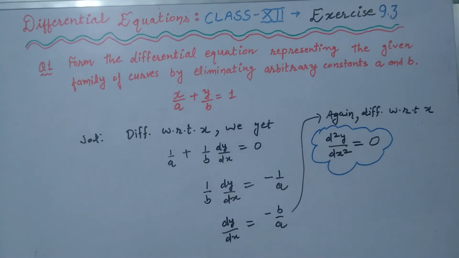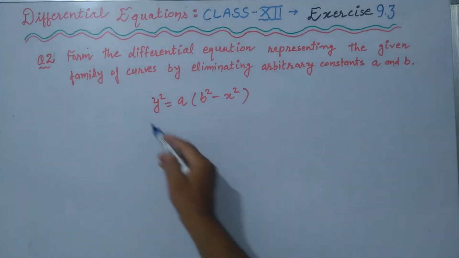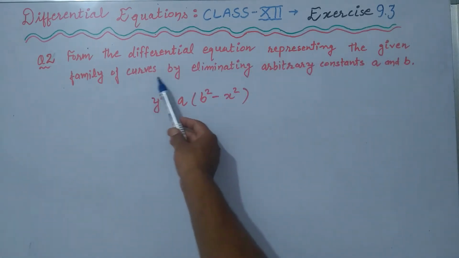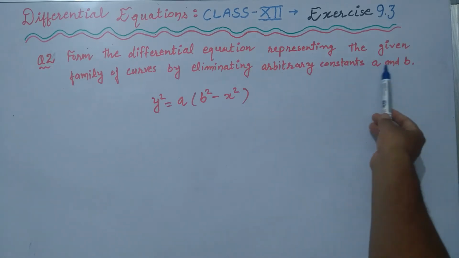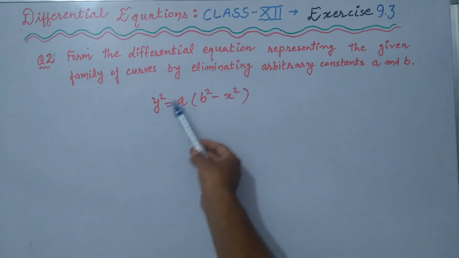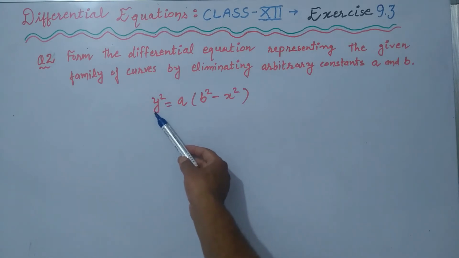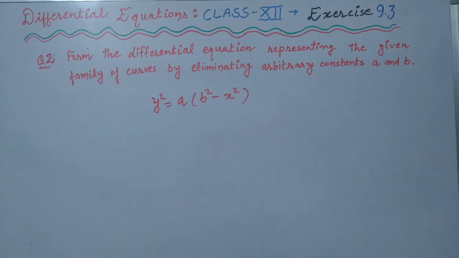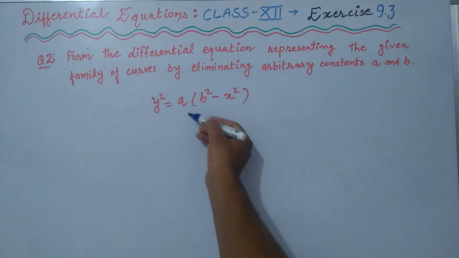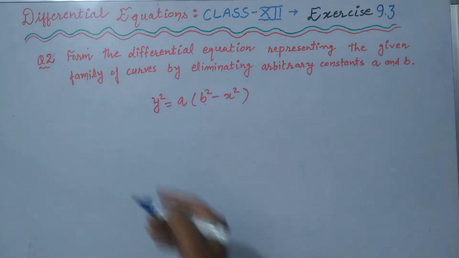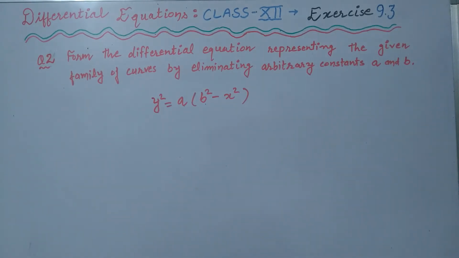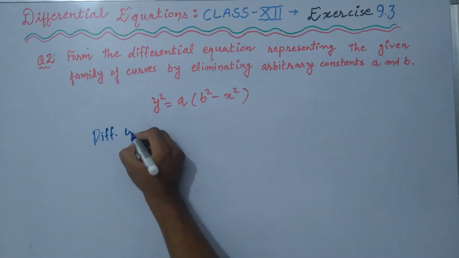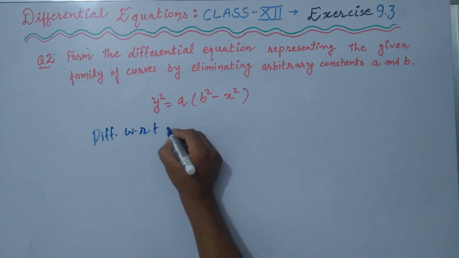Now coming to question number 2, form the differential equation representing the given family of curves by eliminating arbitrary constants a and b, where the given family of curves is y square is equal to a into b square minus x square. So again, how to eliminate these arbitrary constants? First of all, we differentiate with respect to x.